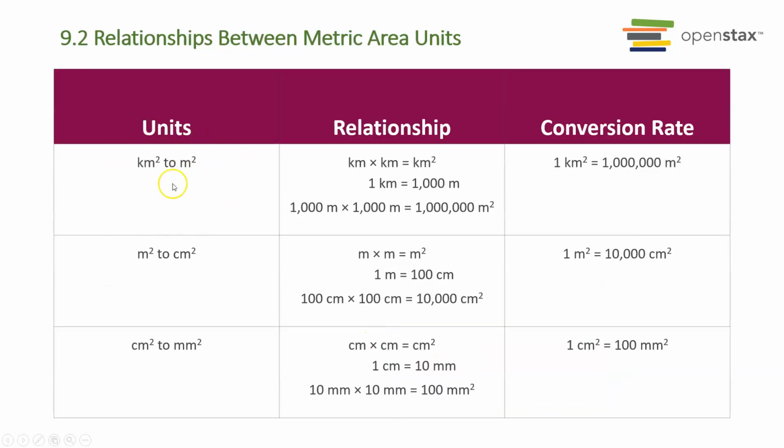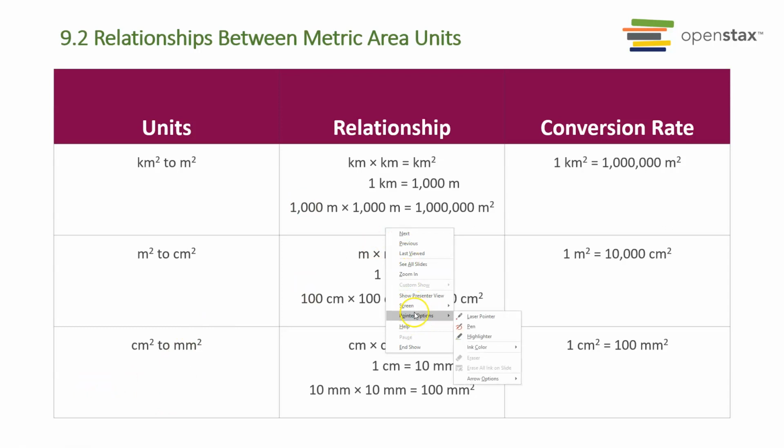So units, let's look at those. This is square kilometers, or kilometers squared, to meters squared, or square meters. Since 1 kilometer is 1,000 meters, then 1 square kilometer would be 1,000 meters times 1,000 meters. So we're looking at 1,000,000 meters squared in a square kilometer.